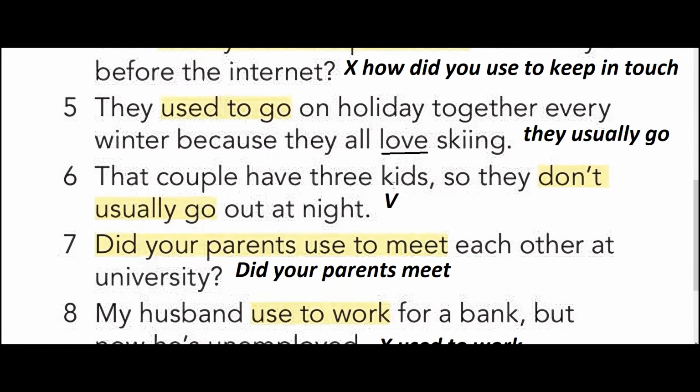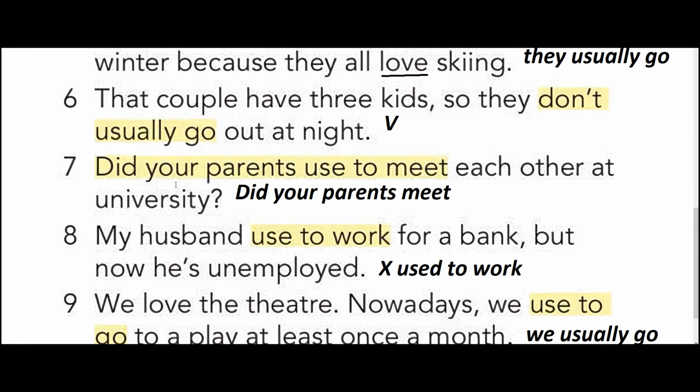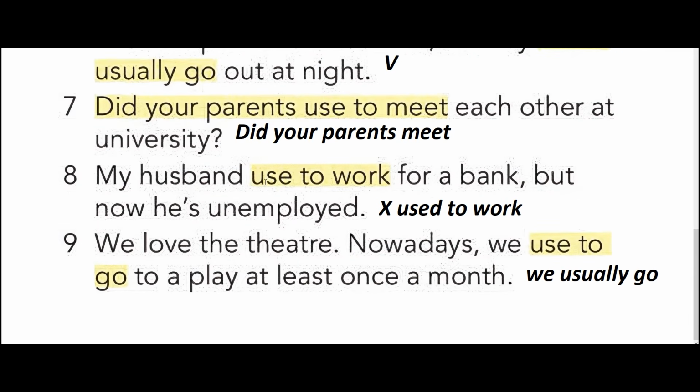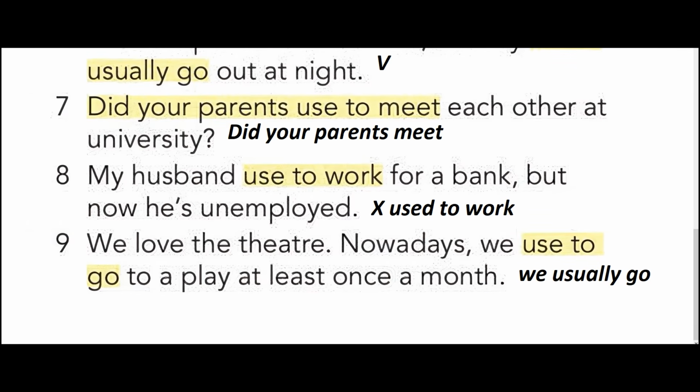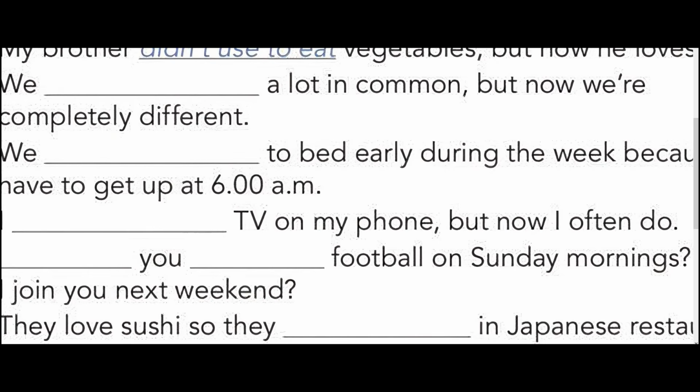That couple have 3 kids, so they don't usually go out at night. Did your parents meet each other at university? My husband used to work for a bank, but now he's unemployed. We love the theater. Nowadays, we usually go to a play at least once a month. So here we go. Now, the next exercise.